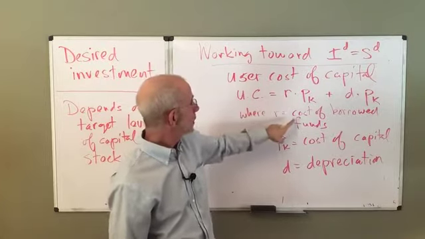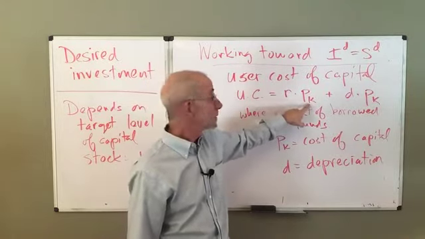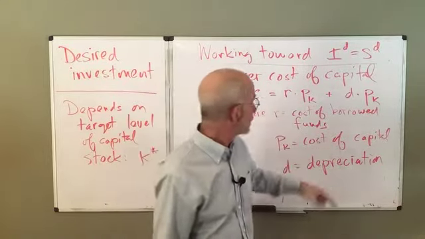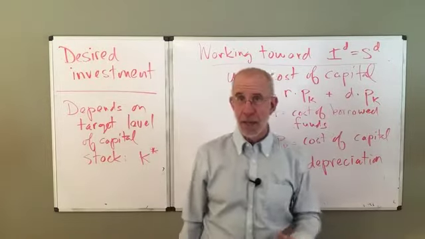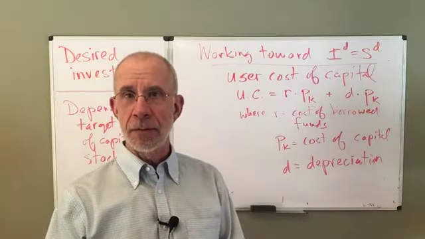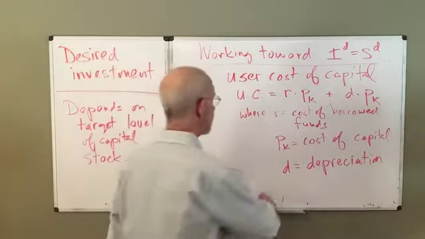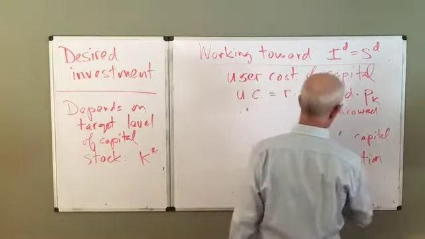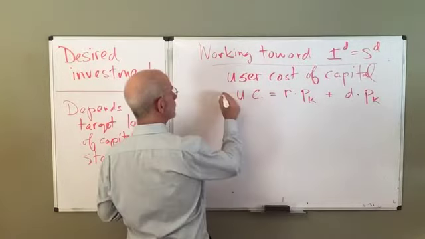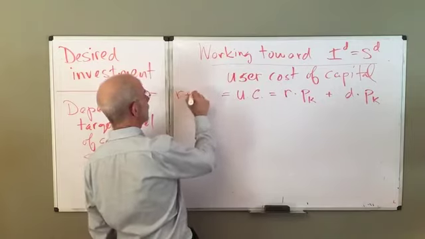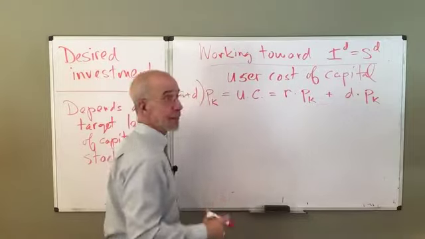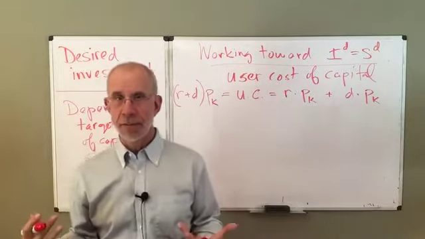One is the cost of borrowed funds multiplied times how much the capital costs, plus the rate of depreciation multiplied times the price of capital. So when firms are deciding how much capital to buy, that's the cost. Now, in some contexts, it's going to be easy and useful to talk about this as being the interest rate plus depreciation times the price of capital. Okay, so this is the cost side of things.